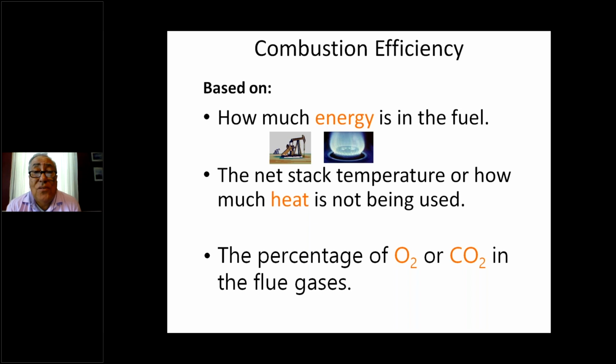The flue gas is how we make heat. It's not the actual flame from the fire. It's the flue gas passing through the appliance that's transferring its energy to the medium on the other side, whether it be water or air, whatever the medium is. We're taking it out of that flue gas and transferring it into the medium. And we want to get as much as we can out of that flue gas.